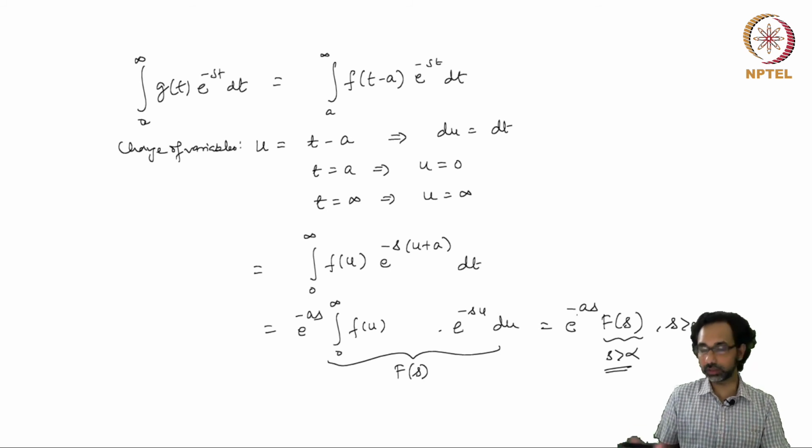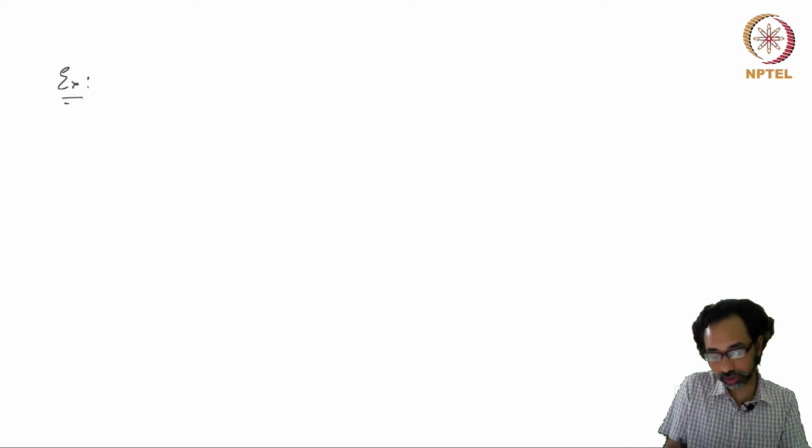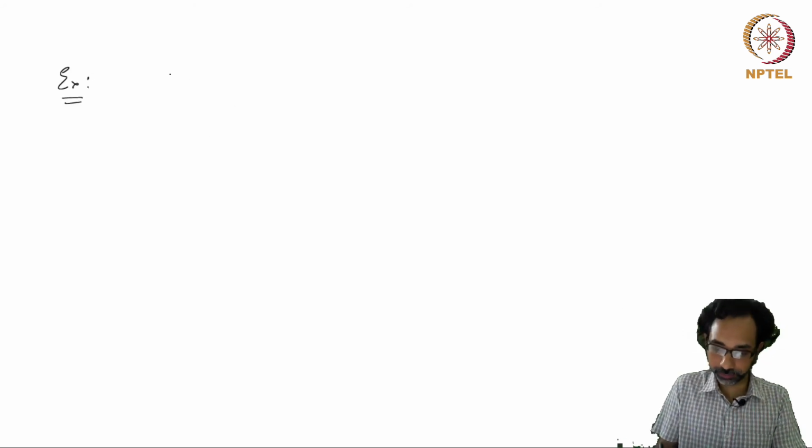So the region of convergence will not change because the exponential function is defined everywhere. So the region of convergence will only depend on the region of convergence of this function f, which is s greater than alpha.